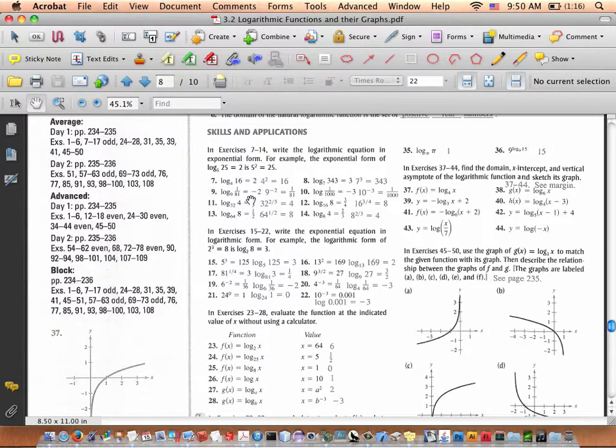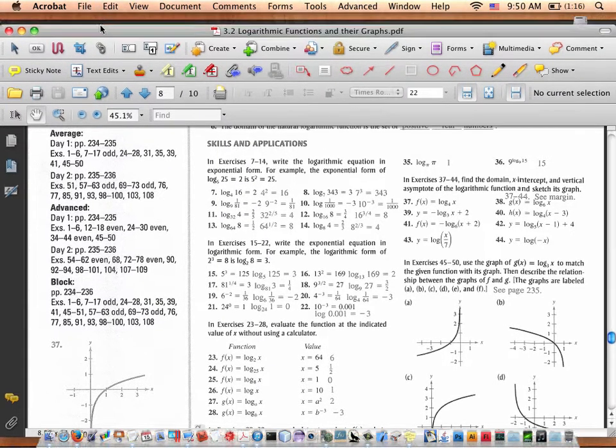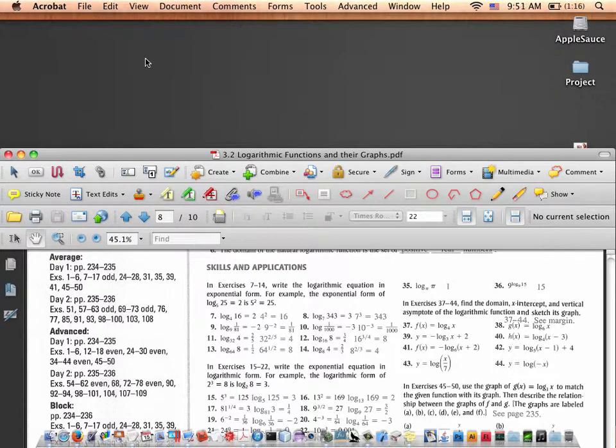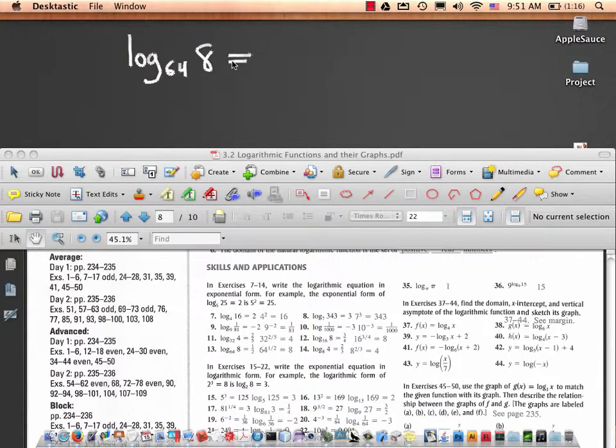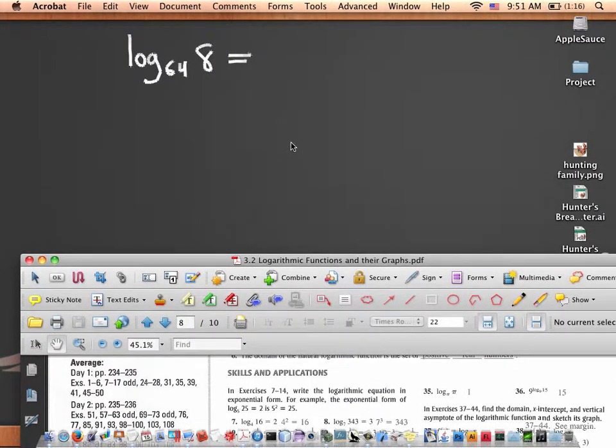Okay, let's take the following. If I had, let's say, logarithm base 64 of 8, what does that equal? 1/2. 64 to the 1/2 power is the same thing as 8.